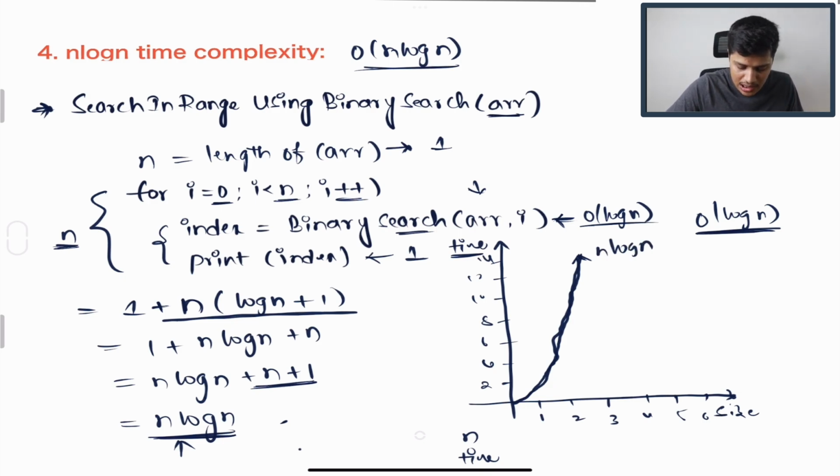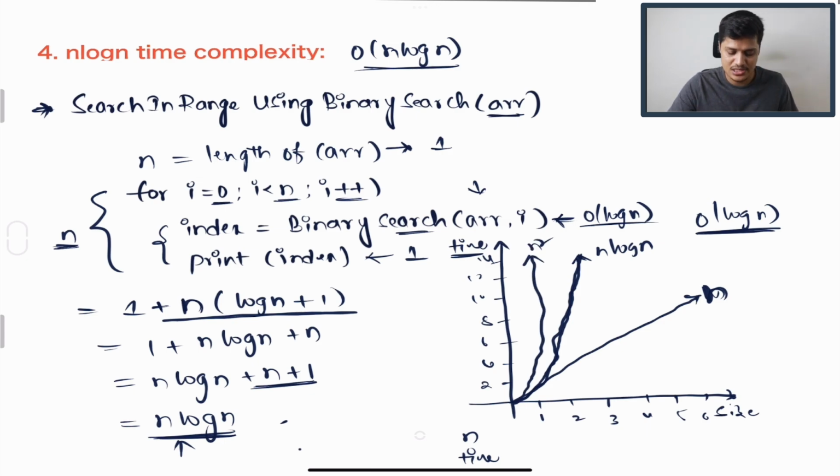For order of n, the graph will increase linearly with the input. And n square will be something like this, as in the previous examples that we have seen. So n log n will be lying somewhere in between the n square and n graphs. Okay, so that is the n log n time complexity example and its pictorial graph representation.